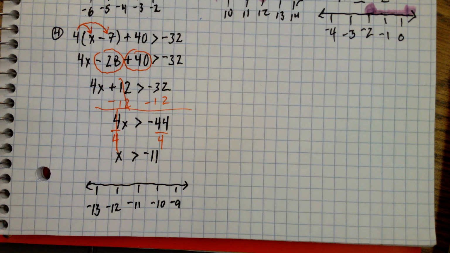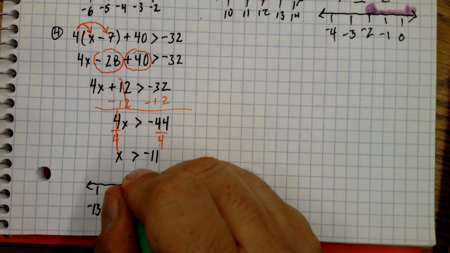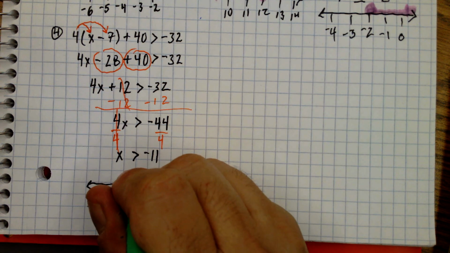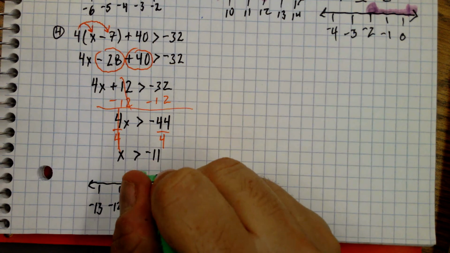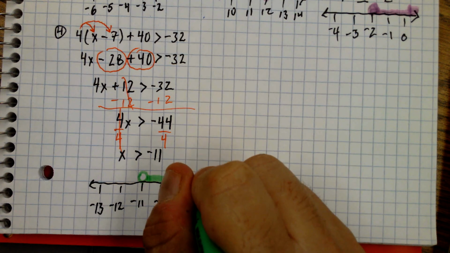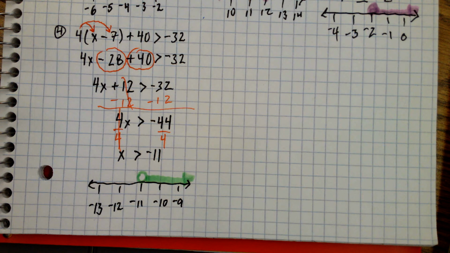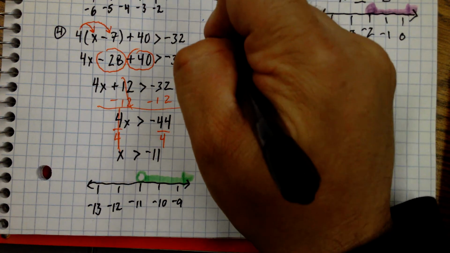And we don't include negative 11 in our solution, so let's do this. Good. Let's go on to number 5.